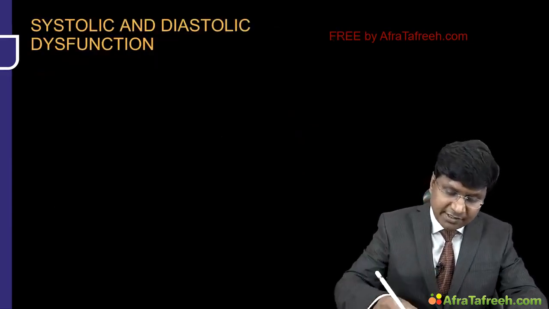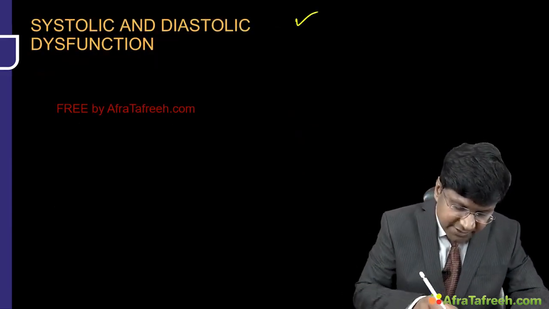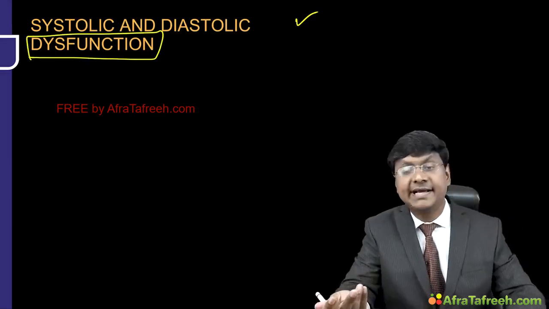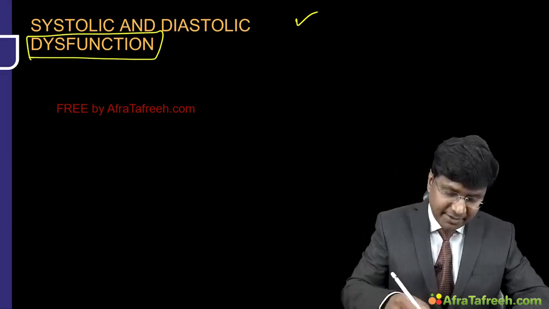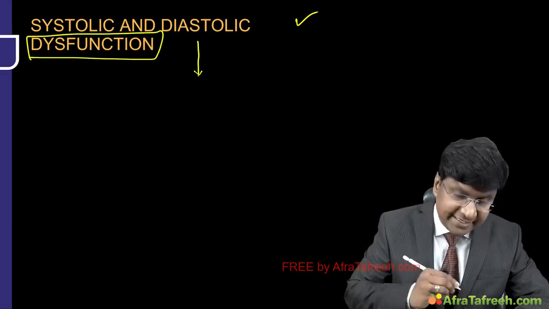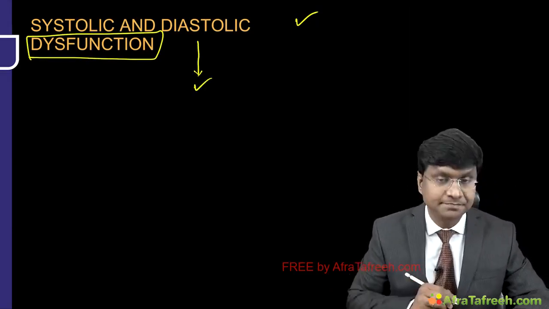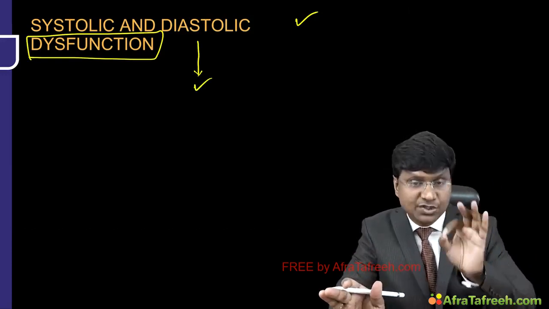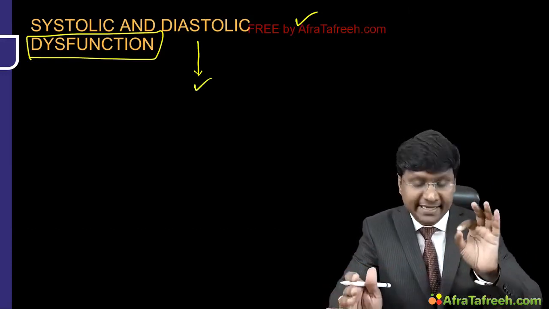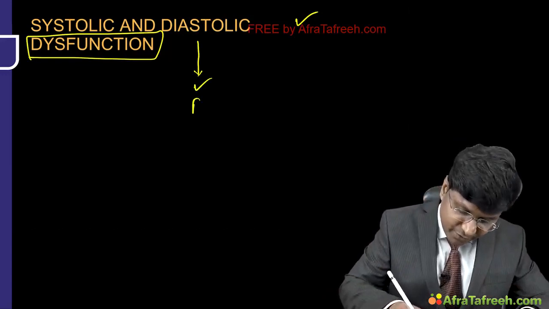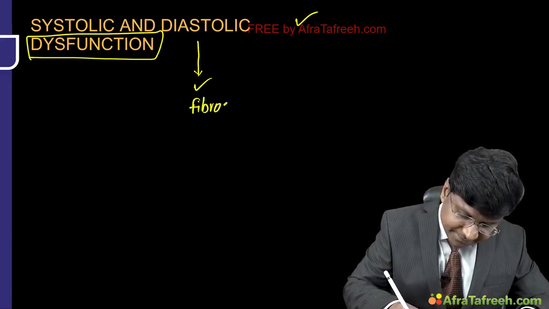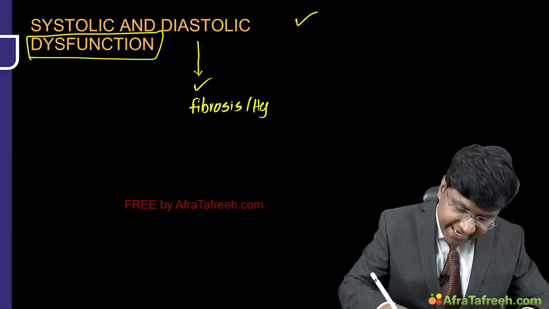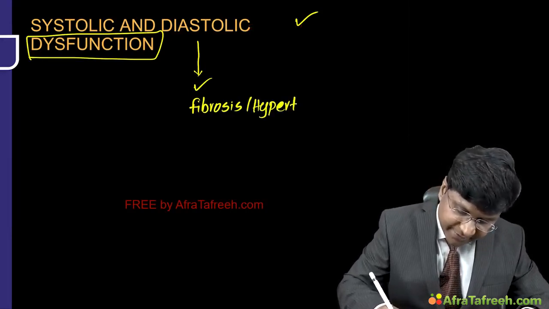Now, a very important thing: in hypertrophic cardiomyopathy, is it systolic or diastolic dysfunction? Remember, initially you will have the diastolic dysfunction itself. This diastolic dysfunction is mainly because of the fibrosis of the myocardium, or it is due to hypertrophy of the myocardium.